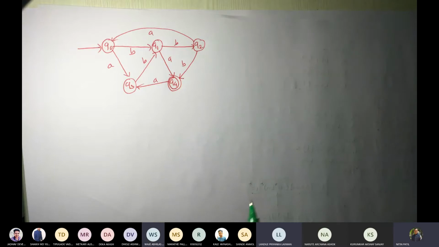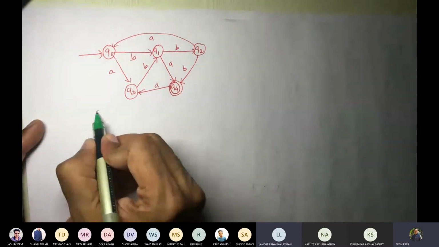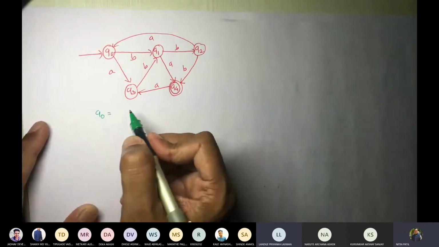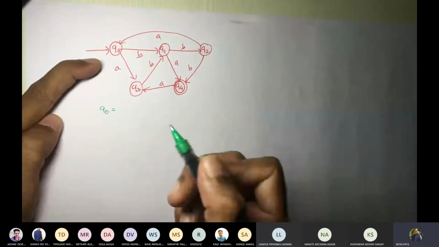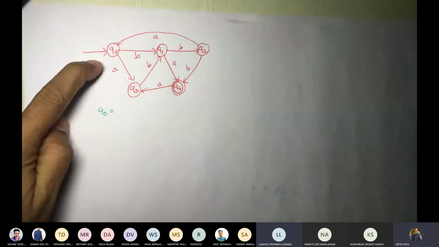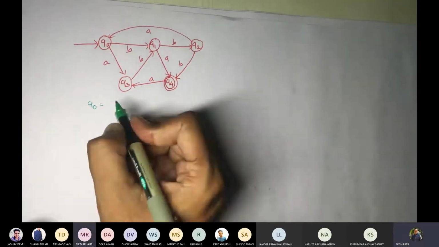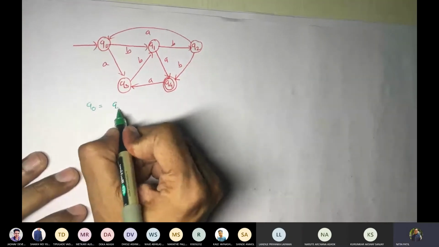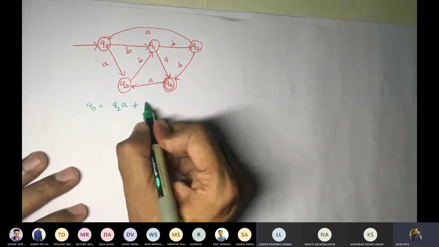Okay, good. So we'll start writing the equation now. Q0 equal to. From which state is the incoming transition coming to Q0? Q2, correct? So we'll write Q2A. Now, as this Q0 is the initial state, as per the rule, we will write epsilon over here.